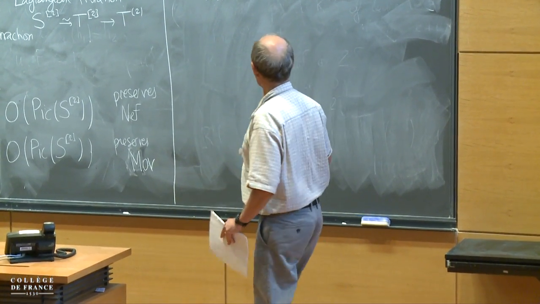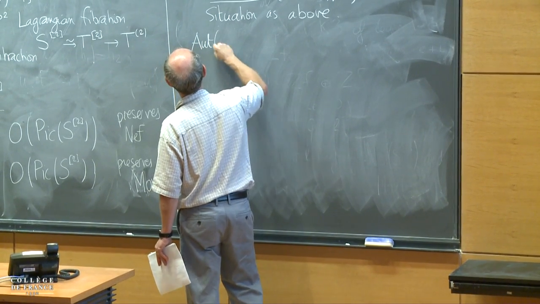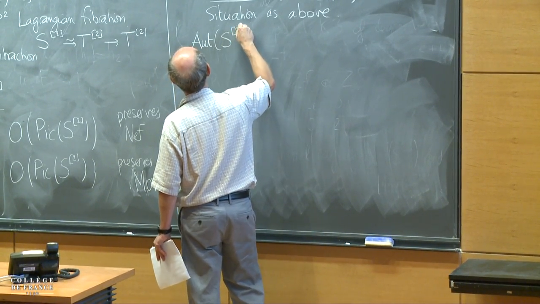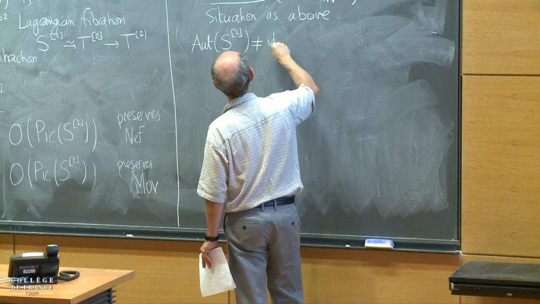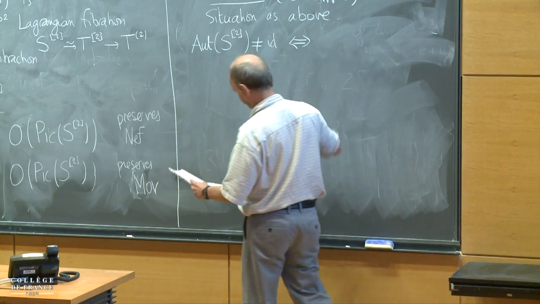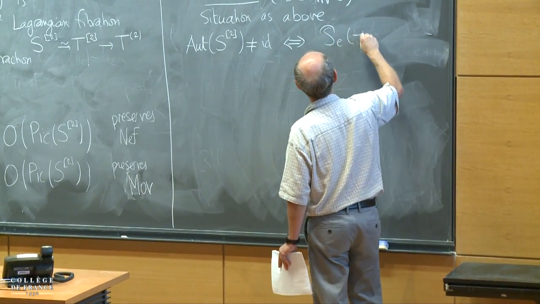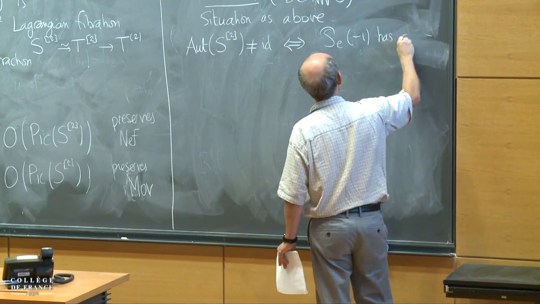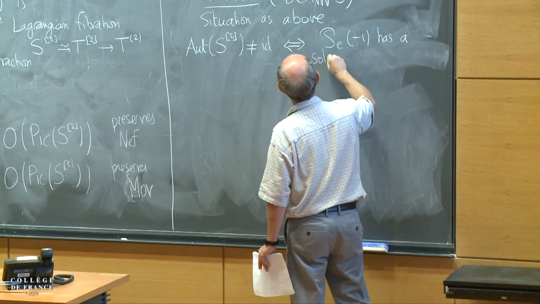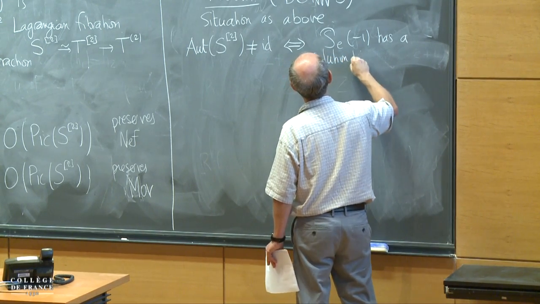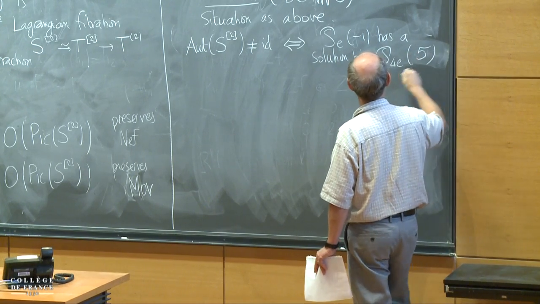Then the automorphism group of S2 is non-trivial if and only if the Pell equation P(E) of -1 has a solution, but P(E) of 5 does not.